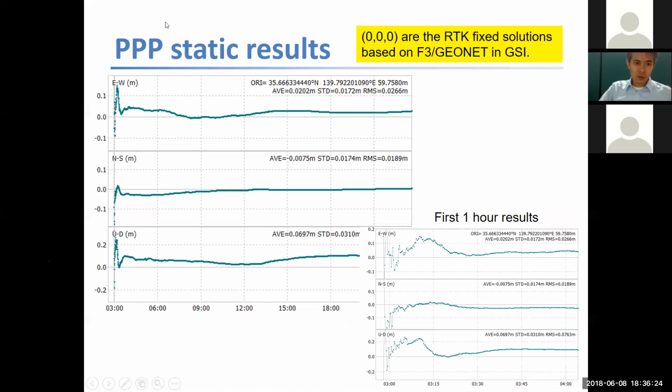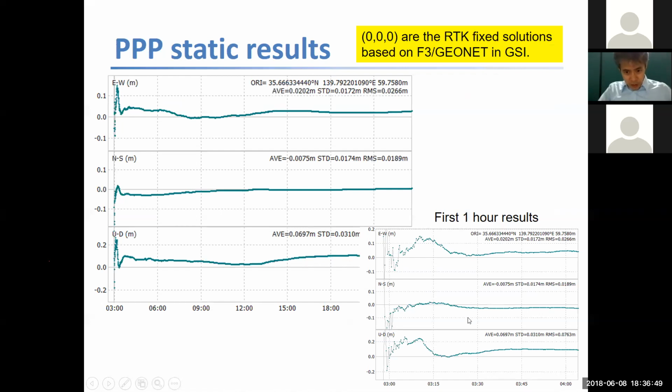If you set PPP static, maybe millimeter level, but there is maybe 2 centimeter deviation in latitude, and the longitude has maybe a little bit of 10 centimeter deviation. And the right figure shows the first 1 hour result here.